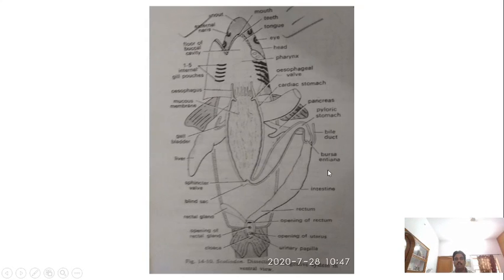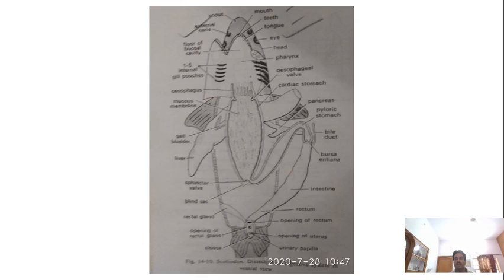The intestine's inner mucous lining becomes folded into a longitudinal spiral wall. This is called the spiral wall or scroll wall, which can be seen by cutting the intestine.